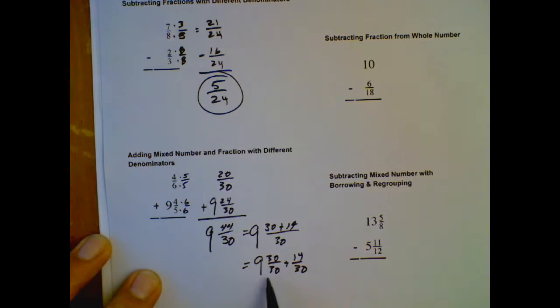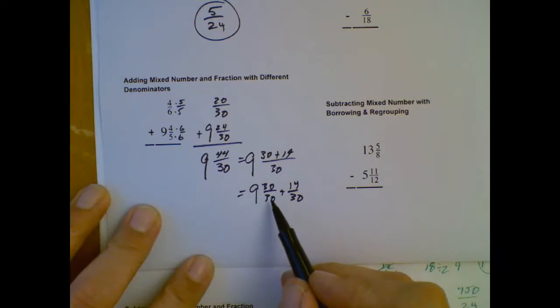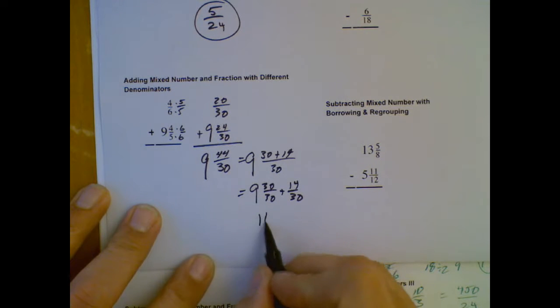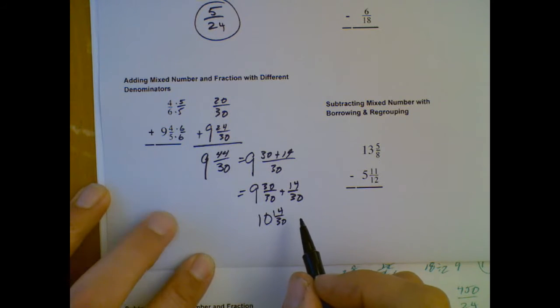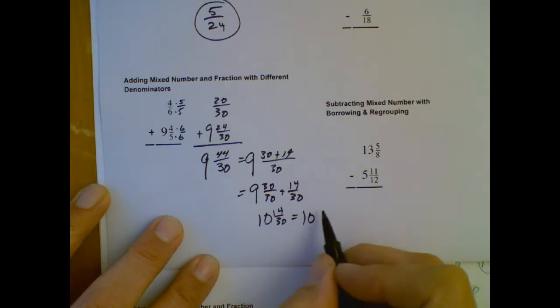Just like when the denominators are the same, I can combine the numerators. Likewise, I can split up a fraction like this. 30/30 is 1. 9 plus 1 is 10. And 14/30, if I divide top and bottom by 2, this becomes 10 and 7/15.